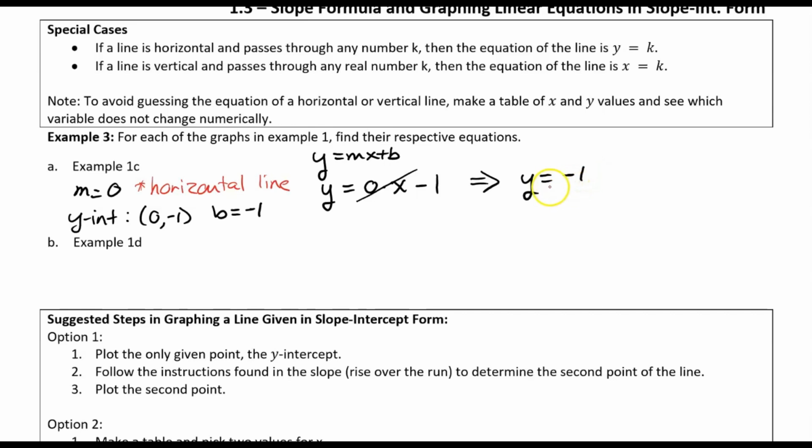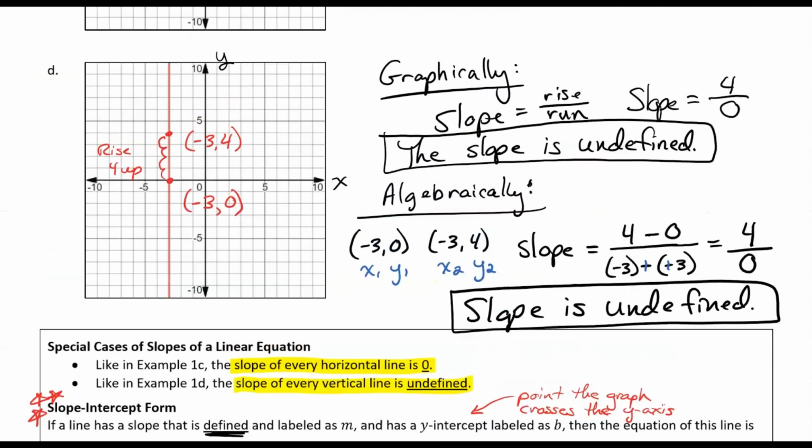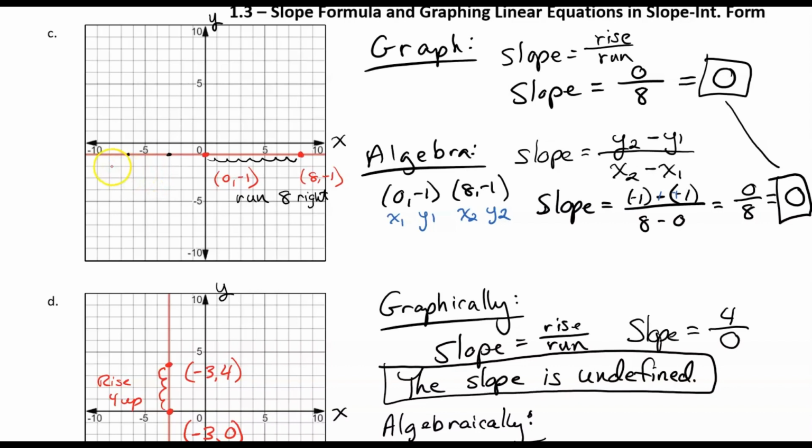This is basically telling us the y value is stuck at -1. If you look at the graph, all of these y values, all the ordered pairs that we could possibly pick here, are all going to have a y value of -1.